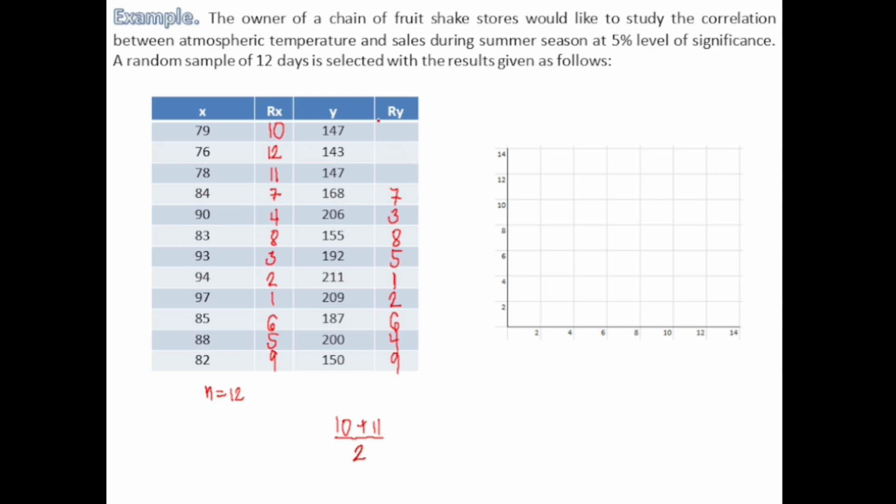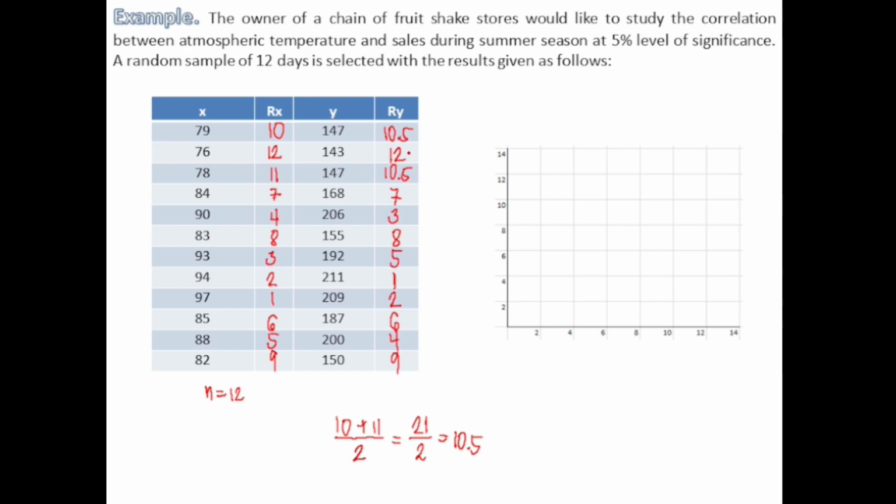Yun po yung magiging place nila. So ito, 10 plus 11, that is 21. Okay, divided by 2, ang sagot po dito ay 10.5. Okay, so yun yung place ng dalawa, yung 147. So 10.5, ito naman po ay 10.5. At ito, siyempre yung pinakahuli na rank, that is 12.